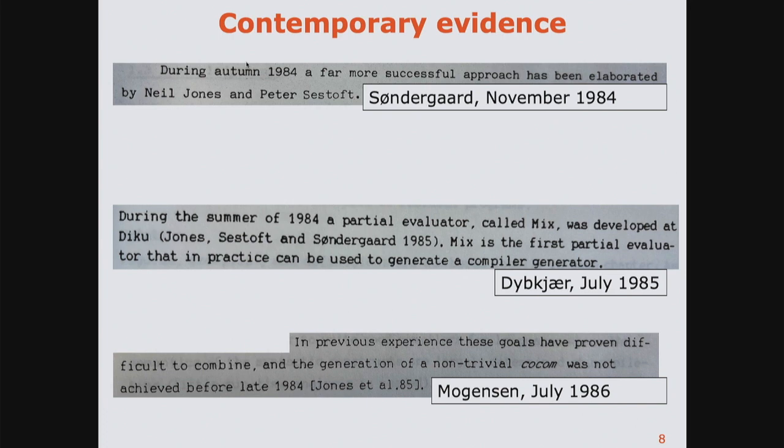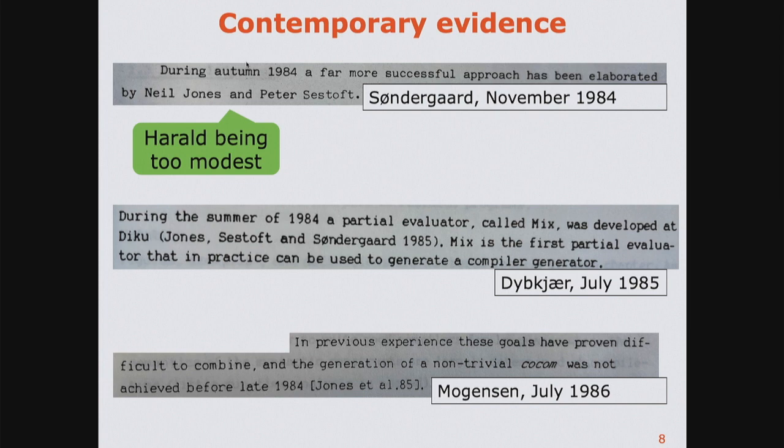So here are quotes from a couple of those student project reports. Harald wrote a report published in November '84 that says that during the autumn of '84, a far more successful approach has been elaborated by Neil Jones and Peter Sestoft, but this is false. It's Harald being too modest. Of course, he was part of that.